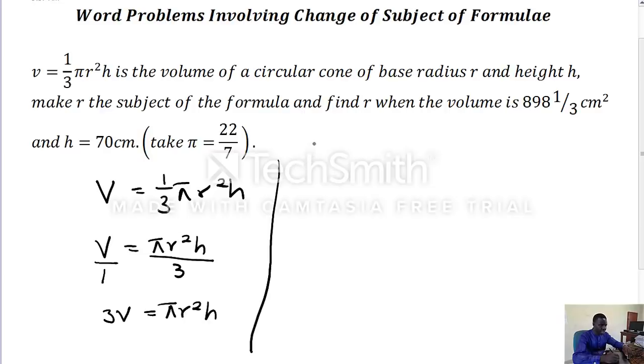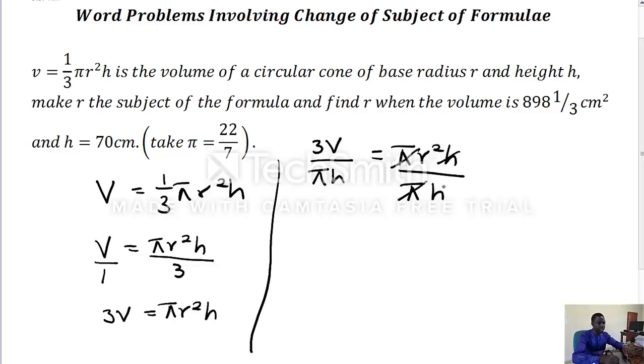Doing that, I will have 3V divided by pi h is equal to pi r squared h divided by pi h, of which pi will cancel pi, h will cancel h, and I'm going to have 3V divided by pi h is equal to r squared.